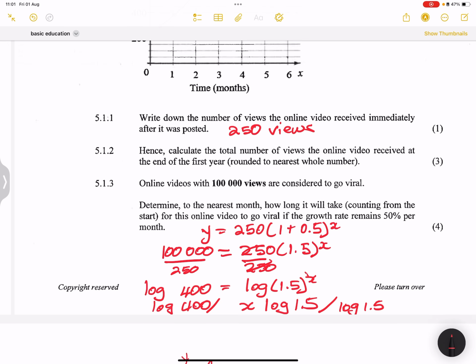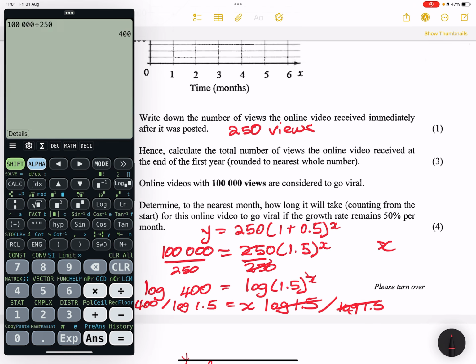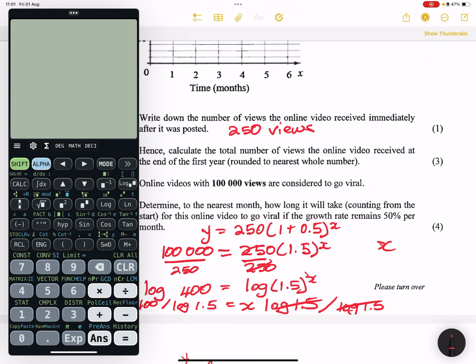So x equals log 400 divided by log of 1.5, and that gives me about 15 months.